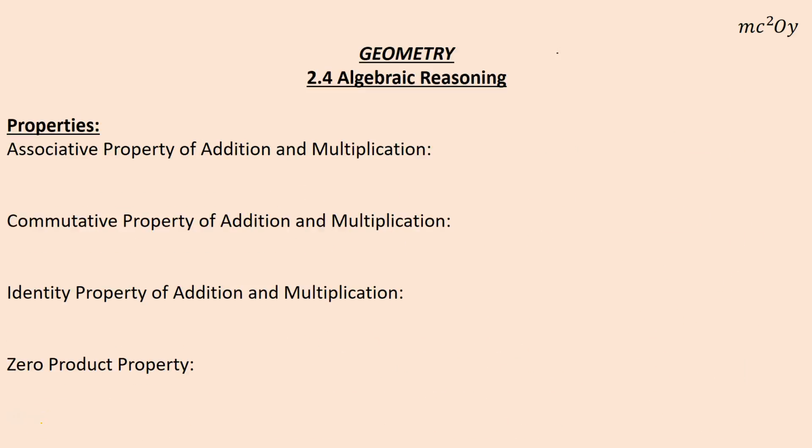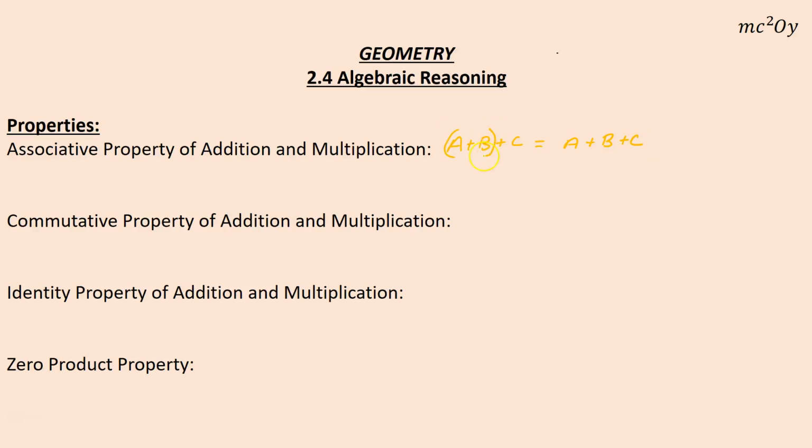Let's try some others. Associative property of addition and multiplication. So I'm just going to use the letter form here real quick. So I'd have, say, A plus B plus C, and that's equal to A plus B plus C. Associate means we have different groups.